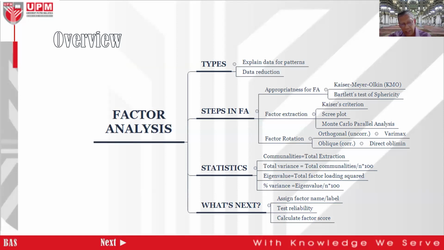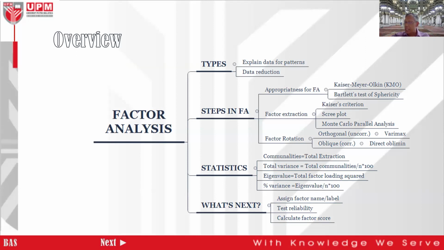What is the Kaiser criterion? It is eigenvalue more than 1. That will be the criterion used to establish how many factors to be extracted. Is it 2? Is it 3? Is it 4? The Kaiser criterion will indicate how many factors we can extract from the result.